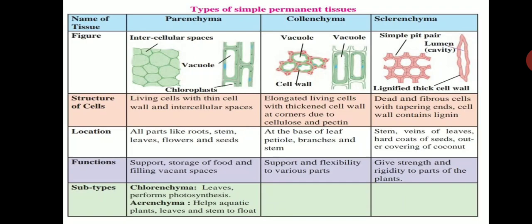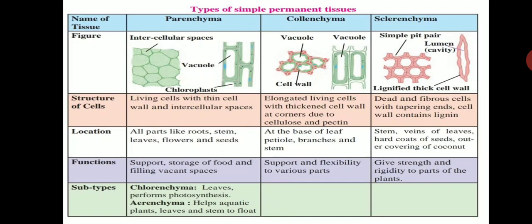Permanent tissues are formed from the meristematic tissues when the meristematic tissues stop performing their function, and these cells get converted into a specific structure, specific shape, and they acquire a specific place in the plant body. So these are called permanent tissues.